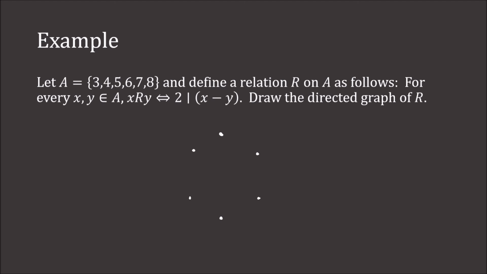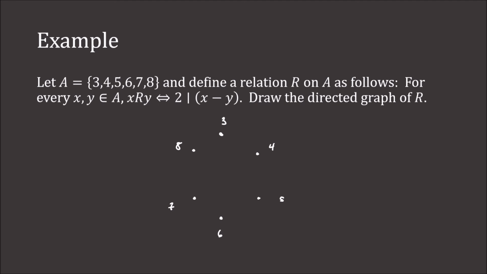So this we're going to call 3. This we'll call 4. This one we'll call 5. We'll call this 6. We'll call that 7. And then we'll call that 8. So we need to draw a line from each to the points that it's related to.